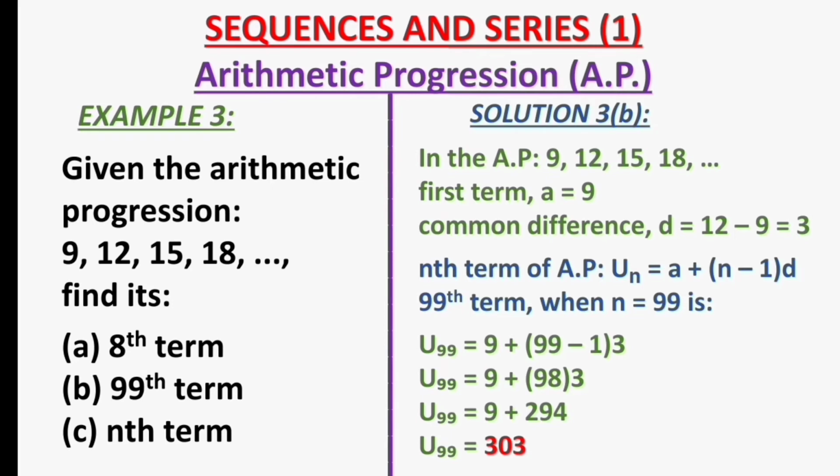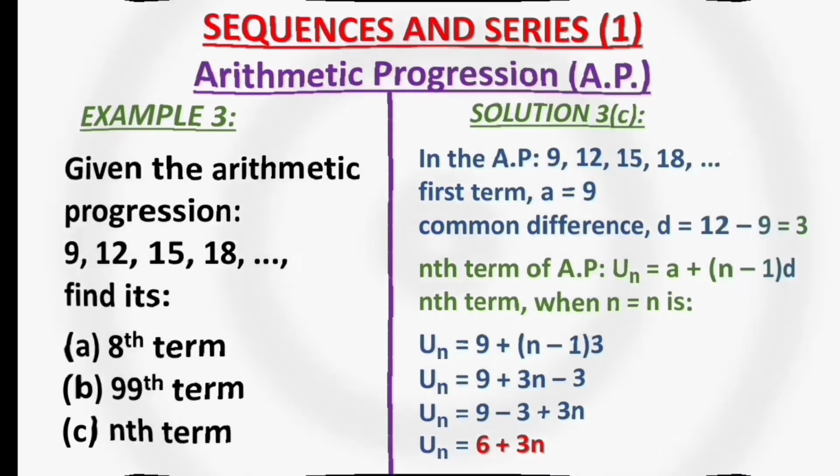Substituting 99 for n, the 99th term is U subscript 99 is equal to 9 plus 99 minus 1 in bracket times 3. That will give us 9 plus 98 times 3. That will give us 9 plus 294. The 99th term of the arithmetic progression is 303. I hope you got that right.